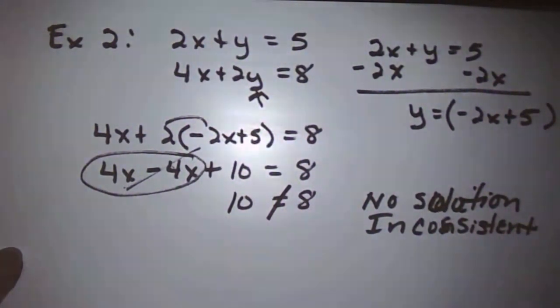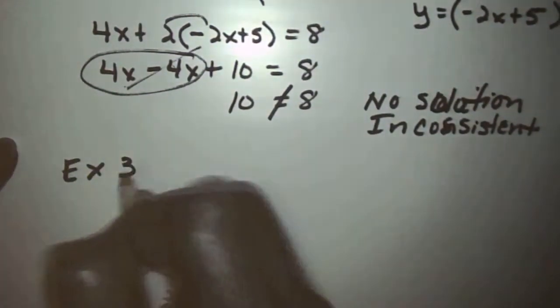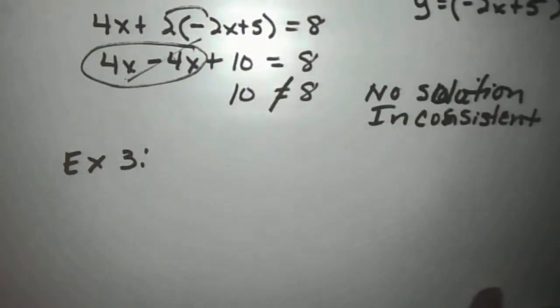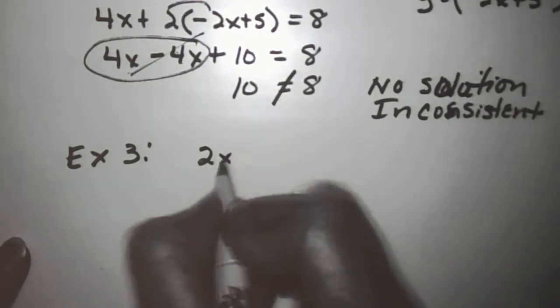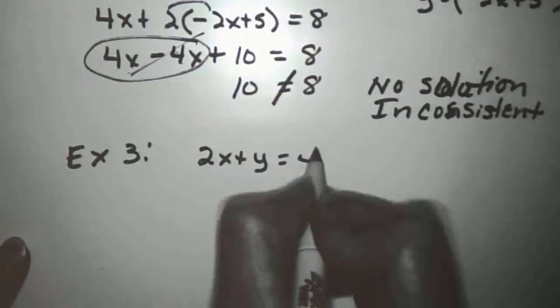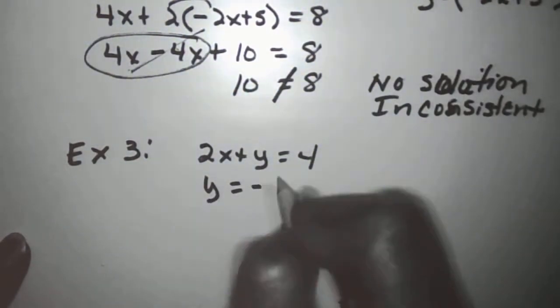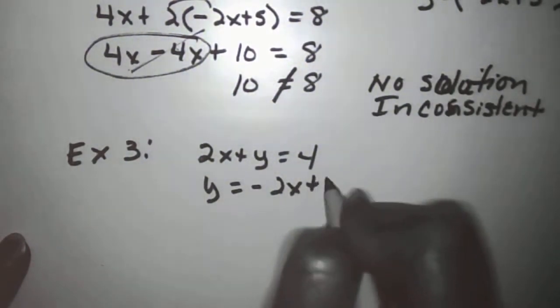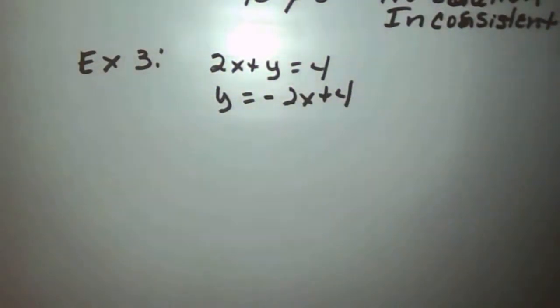All right. So that was our type 2. Let's do type 3. Where we have an infinite solution. And y equals negative 2x plus 4.